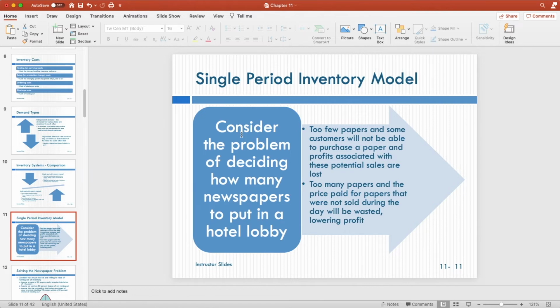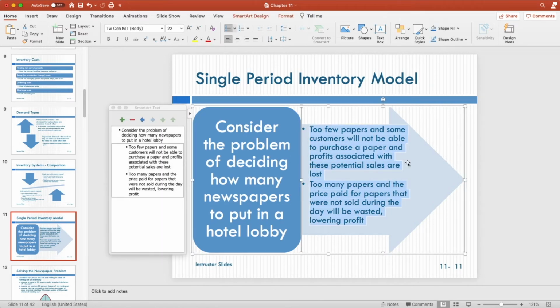So the amount of newspapers that you should buy from the newspaper publisher is a very standard single period inventory model problem, because the trade-off is what I list here.